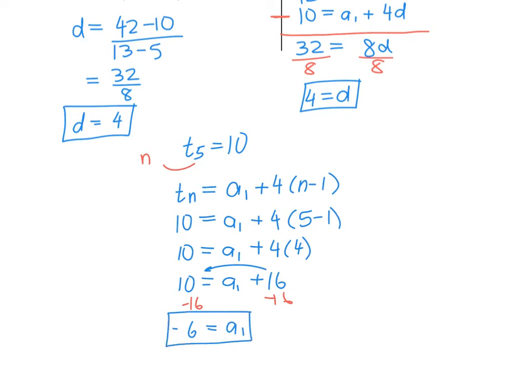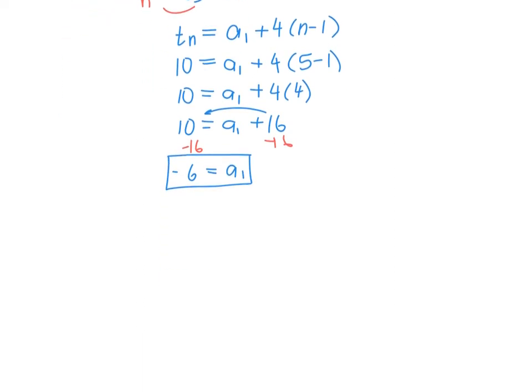And once you have that, we can write our explicit formula. tn equals negative 6 plus 4(n minus 1). Now I want to do one more type of question based on this formula, and that is, what position number is 98?